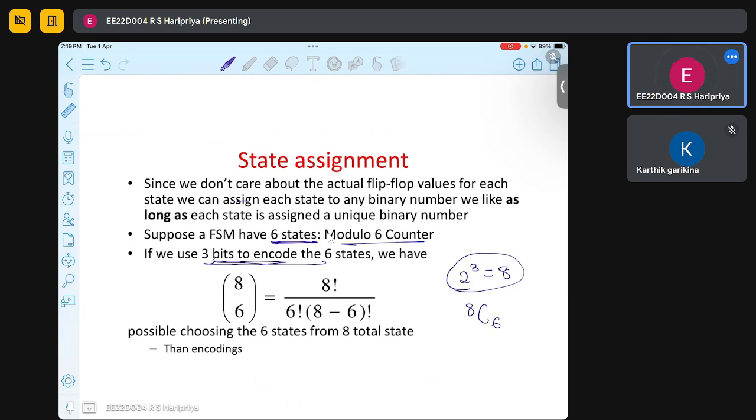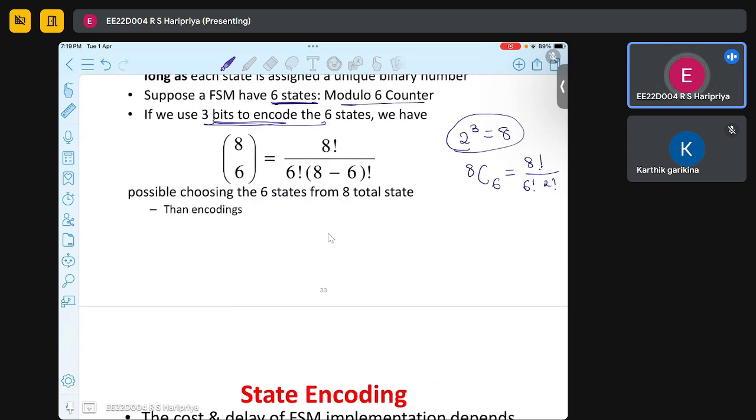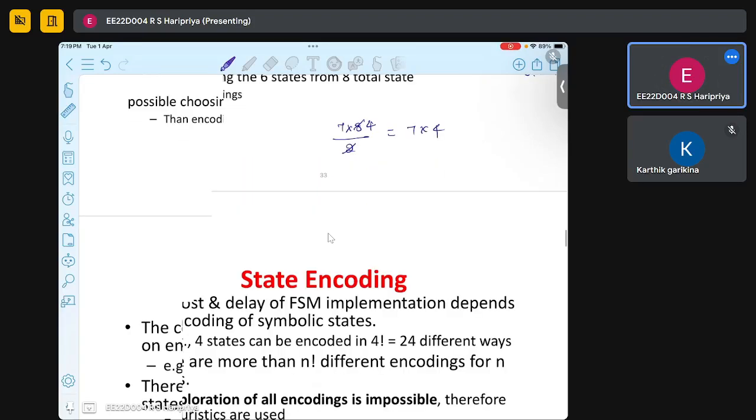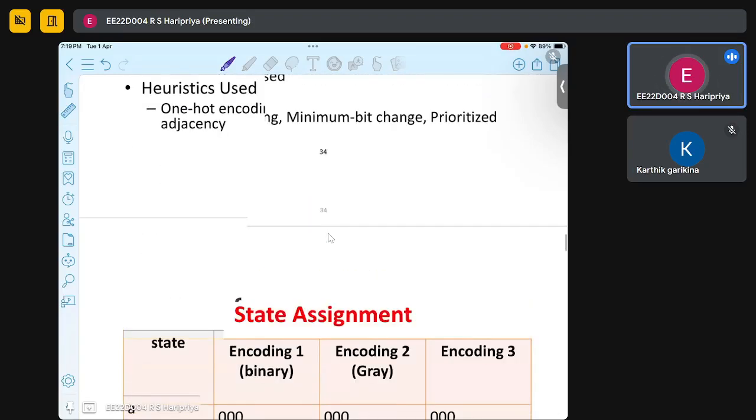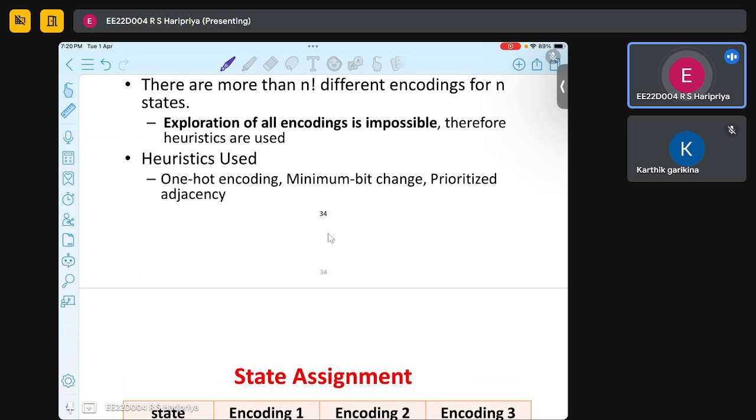This can be done with the combination formula, 8 factorial over 6 factorial into (8 minus 6) factorial, which is like 7 into 8 divided by 2. So exploring all these combinations for the encoding is not possible.